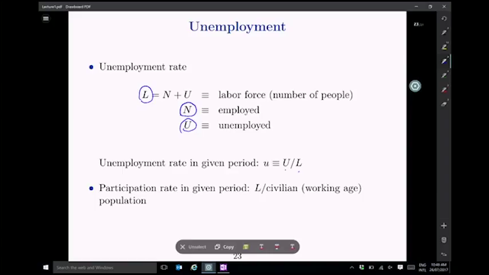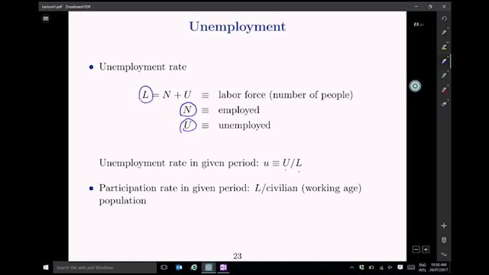Because there's another concept, labor force participation. If you're unemployed, you should not have a job and you should also be actively looking for a job. That's the definition of unemployed. So for people like you who don't have a job and who are not looking for a job, you are not in the labor force. So you're not in this big L here.